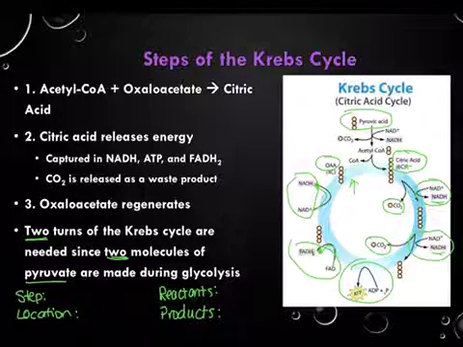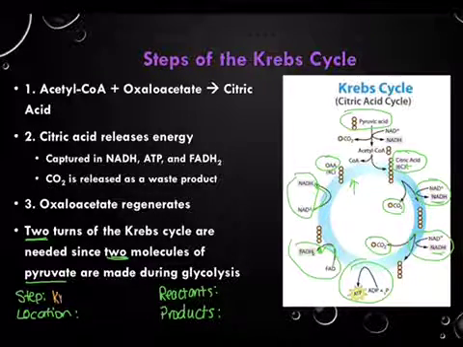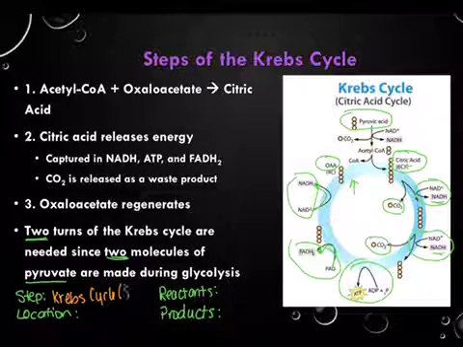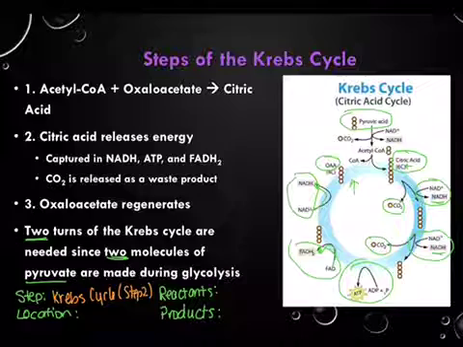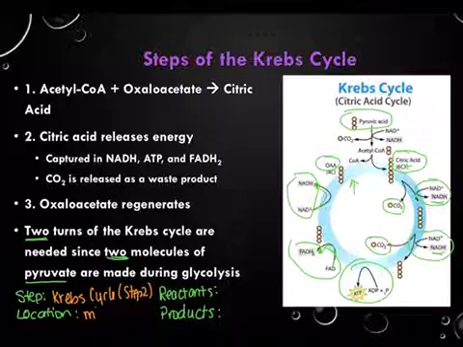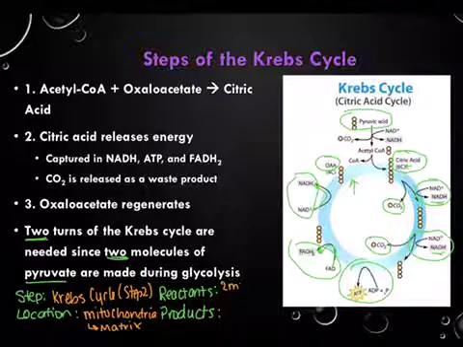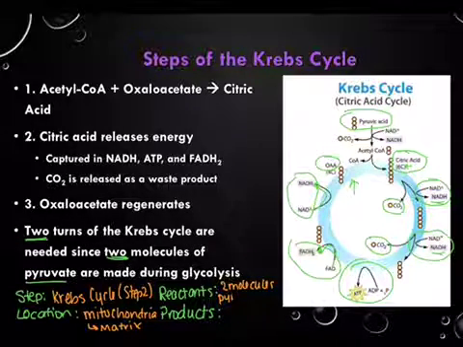So here, our step is the Krebs cycle, or step 2. It takes place in the mitochondria. And specifically, you do need to know it takes place in the matrix. Our reactants are 2 molecules of pyruvate.